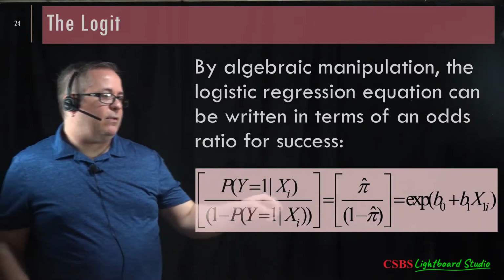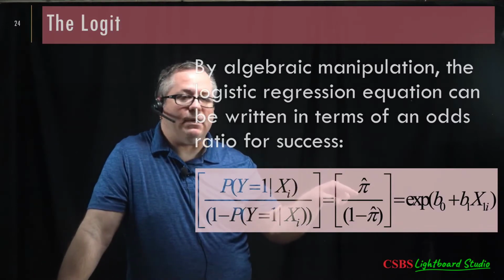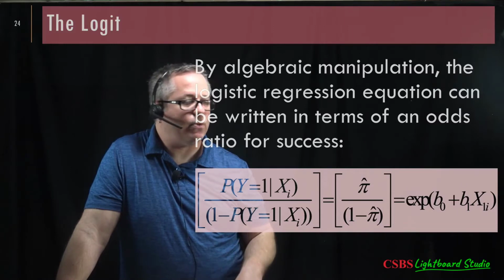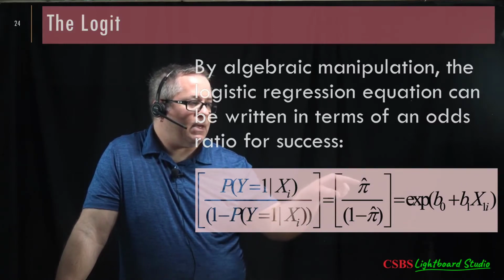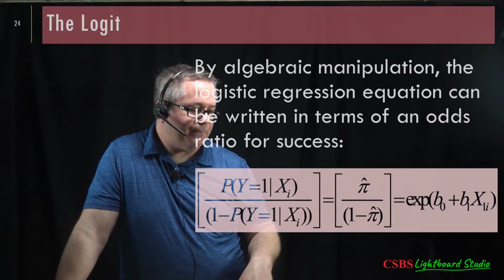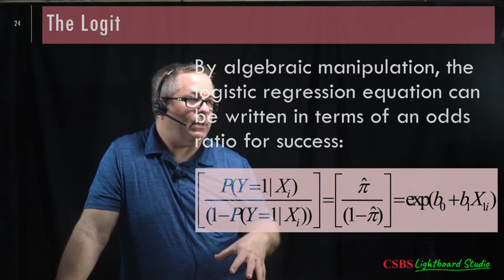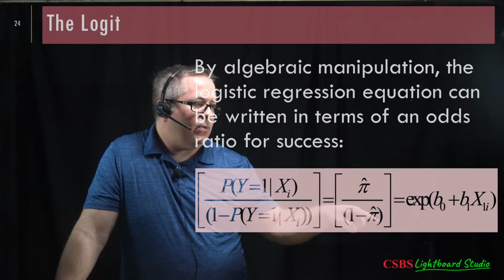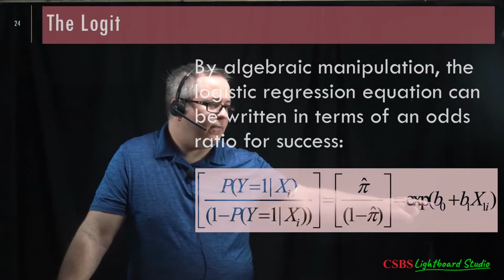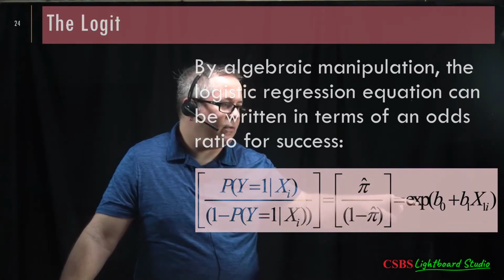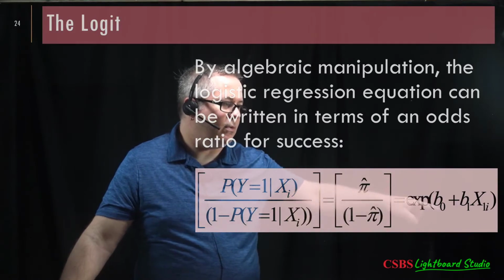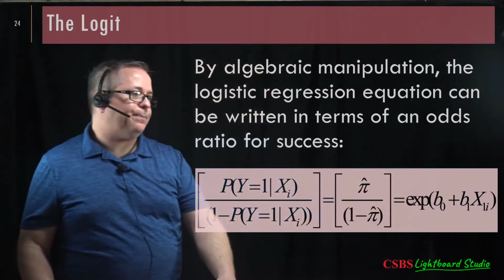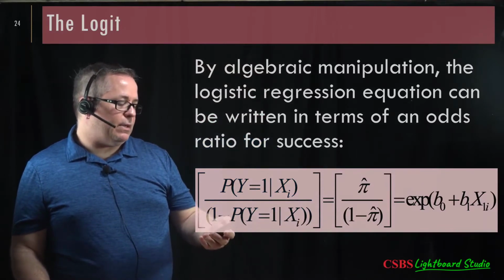We can display that as, look, we often use Greek letters to represent population parameters. Well, pi is often used to represent population probability. So this is pi over 1 minus pi, which will equal the exponent, the anti-log, of whatever values we found when we did the logistic regression.